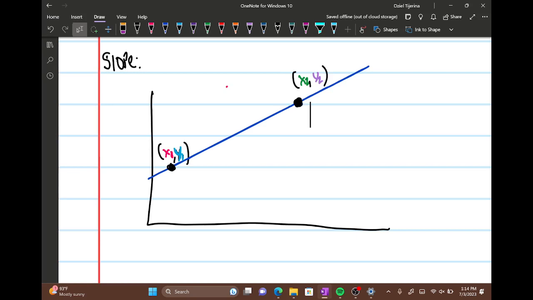Basically, let's say we have, on the x-axis, this is the x-axis, and I want to define here. Here's x1, and right here, this is going to be x2, where x2 is on the x-axis.